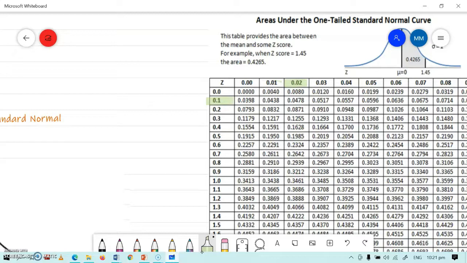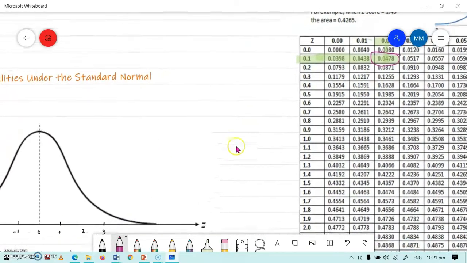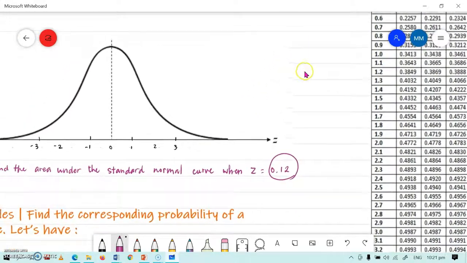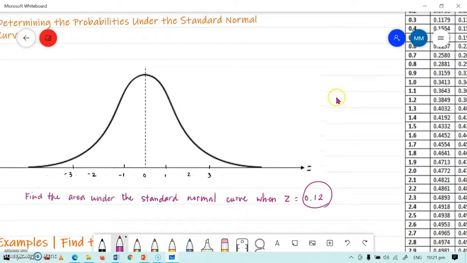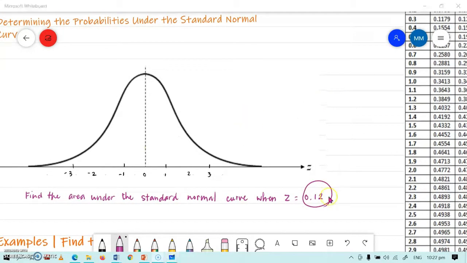We have 0.0478, and that value already determines the area under the normal curve when z is equal to 0.12. Okay, so to illustrate, let's find first z is equal to 0.12.